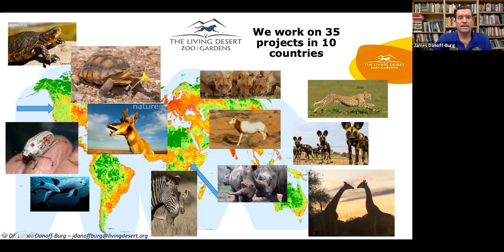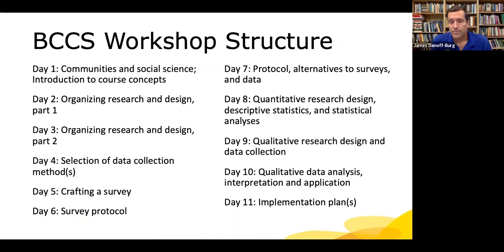The left side of the screen, nearest North America, shows some of our species that we work on here, and then we work on quite a few in Africa, of course. So that's a little bit about the workshop, a little bit about us, individuals, as well as our zoo.